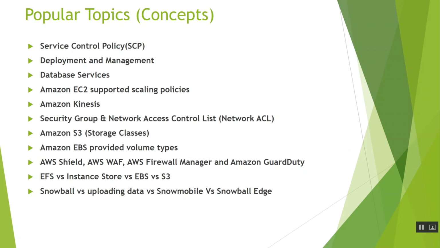These are mainly to protect the firewall and things like that. The last one is EFS versus Instance Store versus EBS versus S3. And we'll quickly discuss Snowball. I think this is again an exam point of view. There will be at least one question on uploading data versus Snowball Mobile versus the new one, Snowball Edge as well.